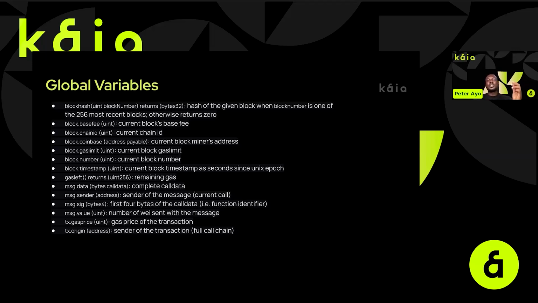The function selector is the first 4 bytes of the hash of the function signature, right? So msg.data in a complete sense is basically the function name and also the function arguments.